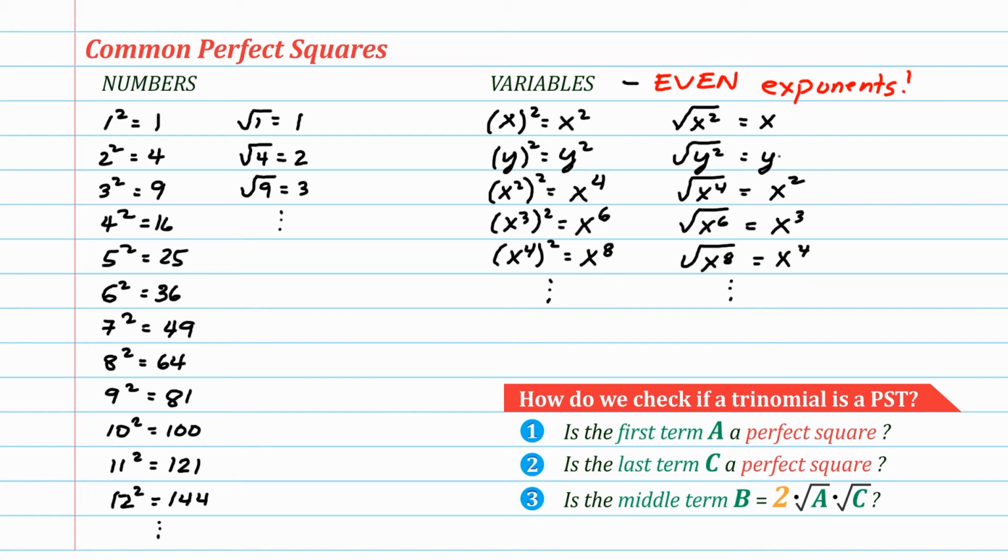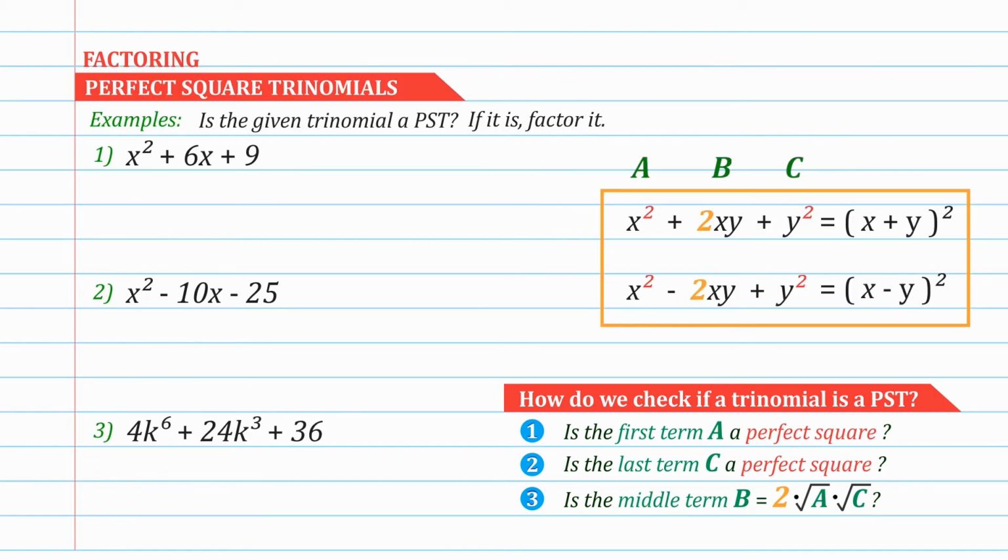Yung 2 naging 1, 4 naging 2, 6 naging 3, 8 naging 4. How can we easily get the square root of perfect square variables? We simply divide the exponents by 2. Yun ang importante.